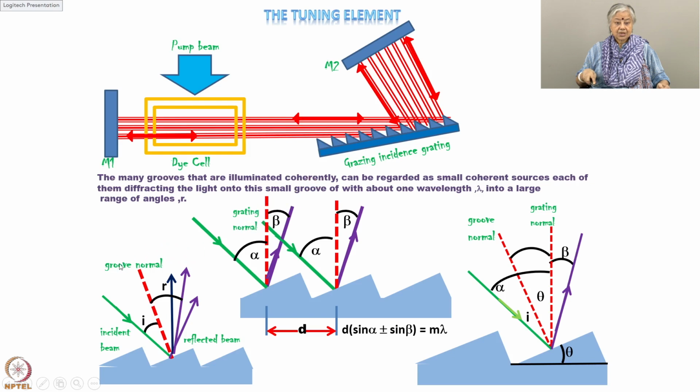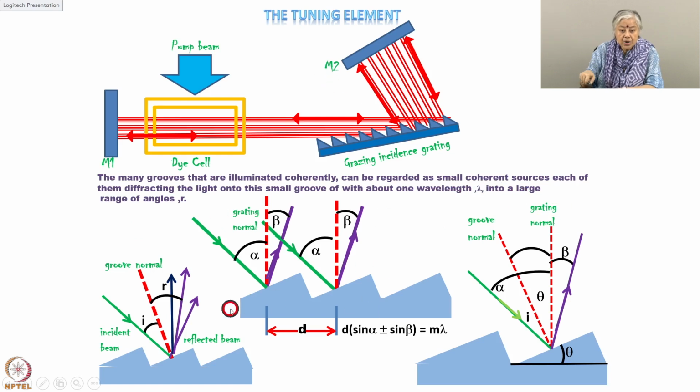Okay. So, a grating, as you know, has many grooves that are illuminated coherently, and can be regarded as small coherent sources, each of them diffracting the light, with grooves of about one wavelength, lambda, into a large range of angles. Okay. So, this is the grating.